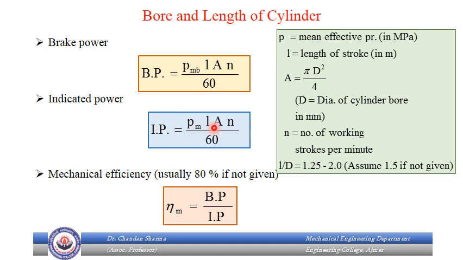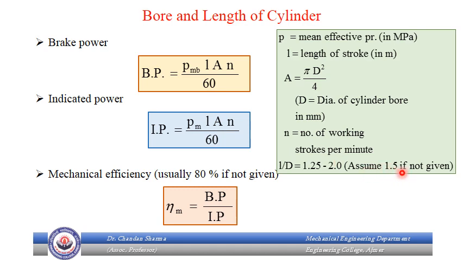We found IP because we have been given this PM. Now IP is known to us, PM is known to us. The only unknowns remaining are L and A. N for a 4-stroke engine will be N by 2, and for a 2-stroke engine, it will be N. So in L and A, the unknowns are L, length of stroke, and D, diameter of bore. Usually the ratio L by D is 1.25 to 2. So if not given, we can take L by D as 1.5.